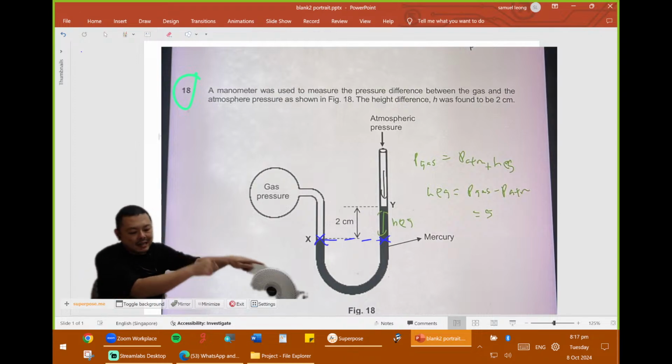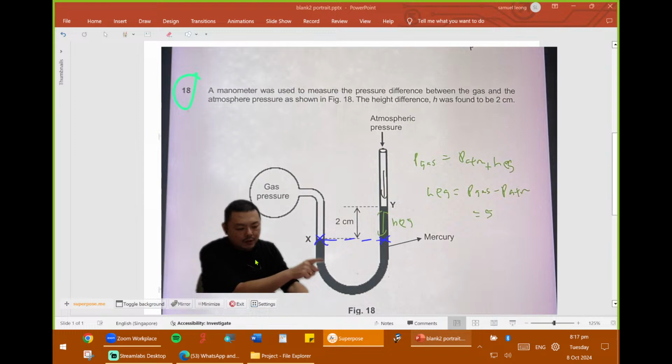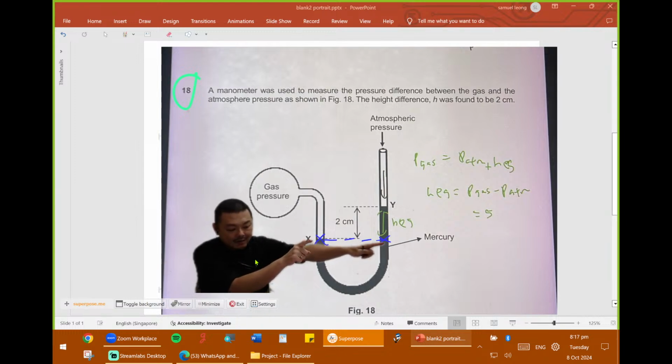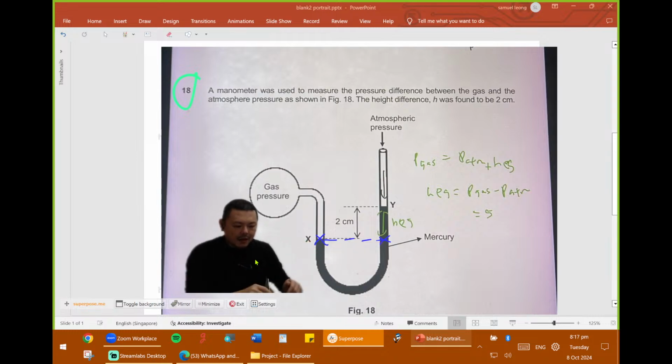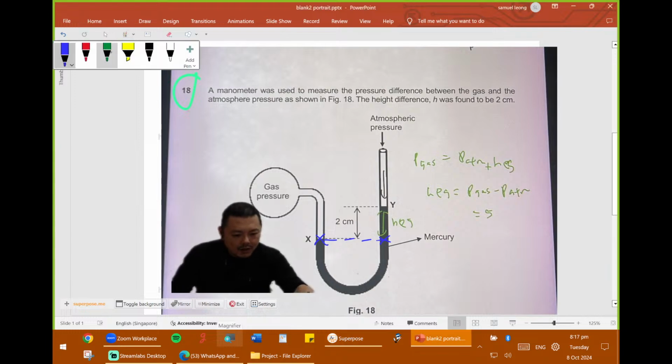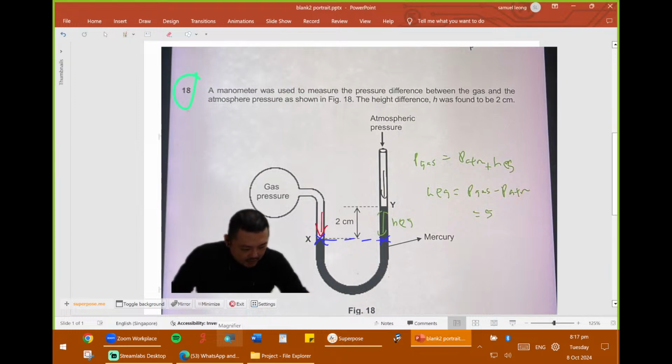So that means that what we're showing here is that this pressure here is the same as that pressure over there, right? Then you gotta ask yourself, so what's on top of those points? What's on the left hand side? Then what's on the right hand side?